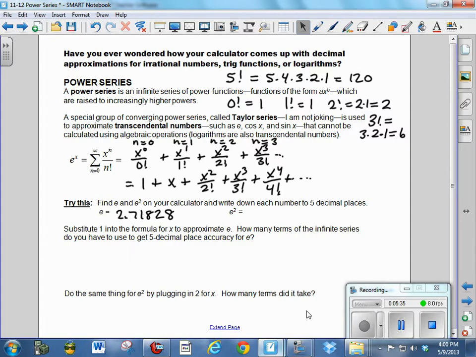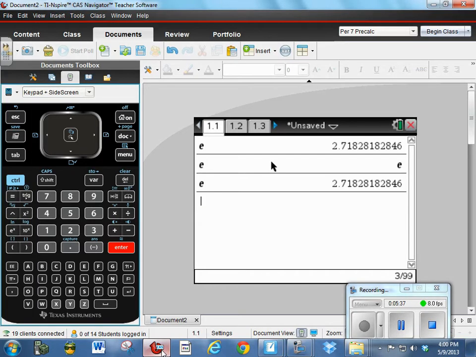So let's go ahead and try that. Actually, I want to do that on the calculator. So I start out with 1 plus, we have 1, and then the second term is x, so that would be 1. And the third term would be 1 over 2.